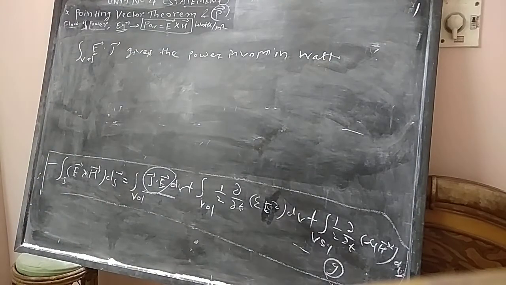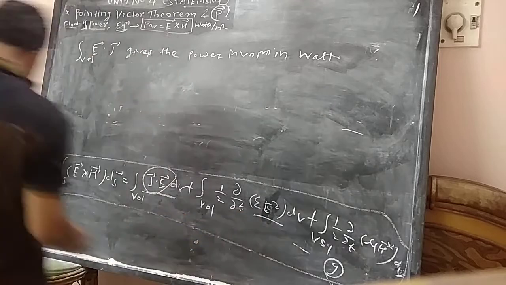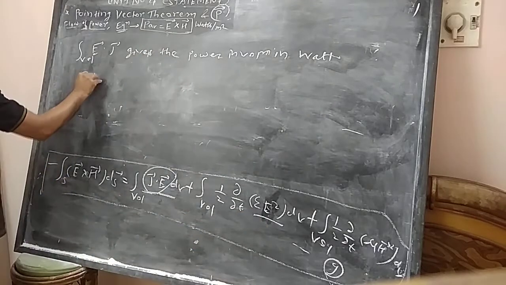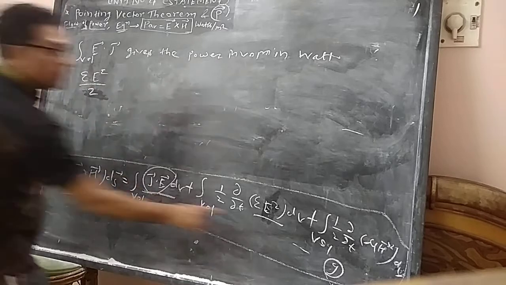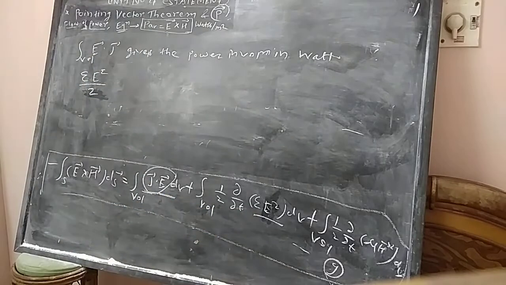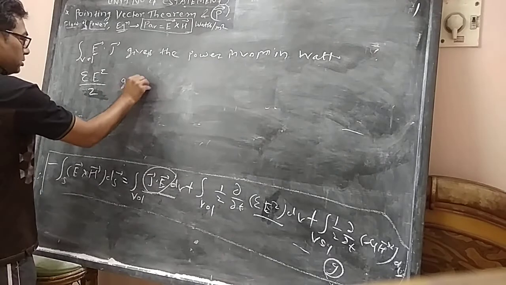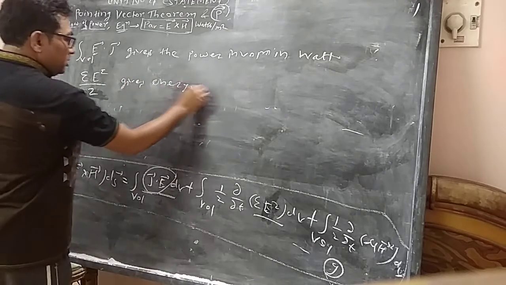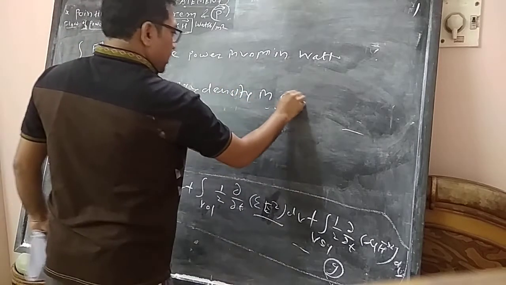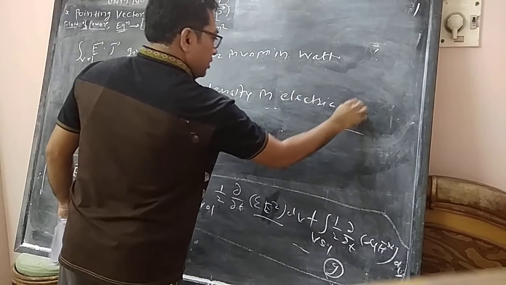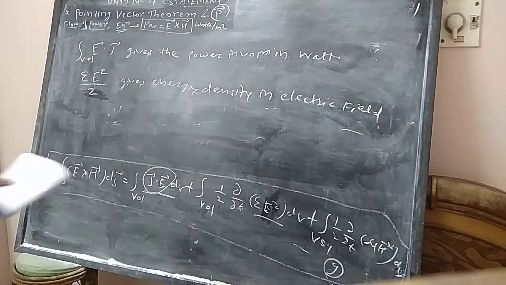Similarly, in the next term, epsilon E square divided by 2 gives the energy density in the electric field of the wave.